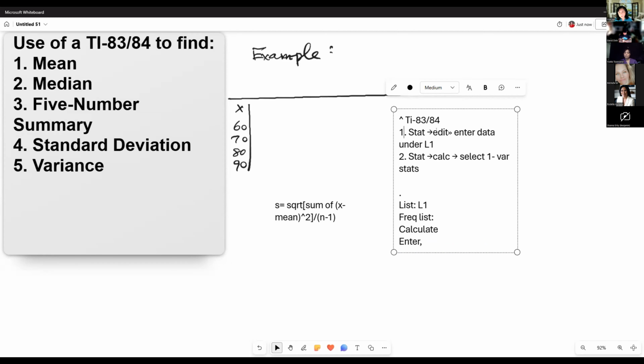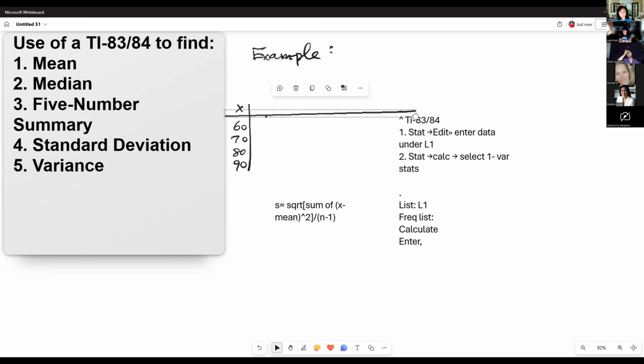So choose the edit, and enter the data under L1. Okay. So my example I have here is 60, 70, 80, 90. If you want to do it together, you can do it together here, because I only use 4 data. Simple and easy to get done. So you can enter the data 60, 70, 80, 90 under L1.